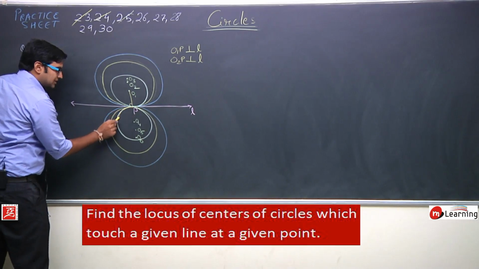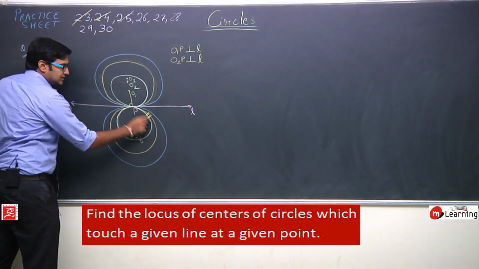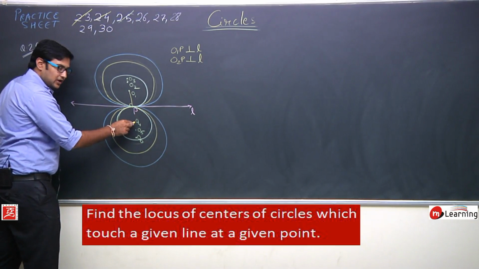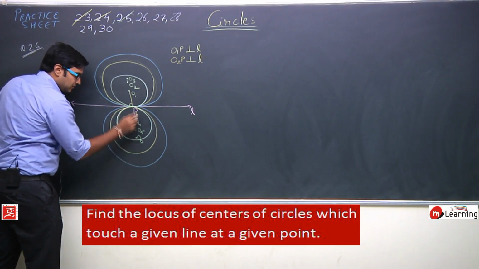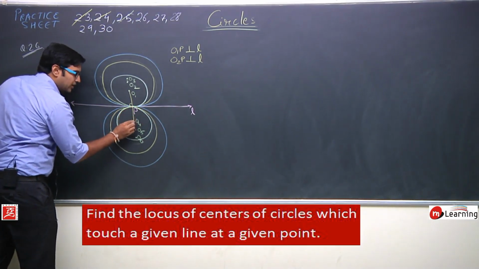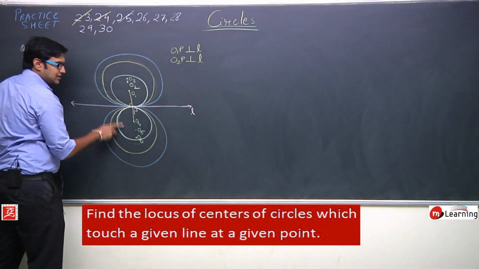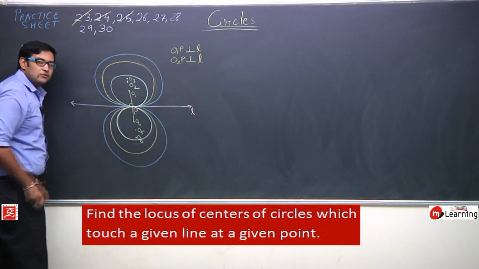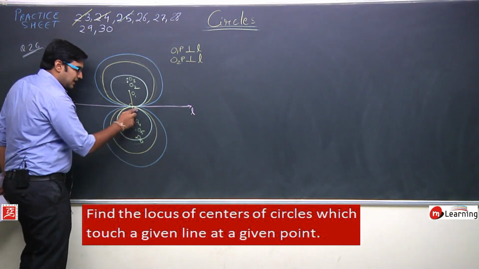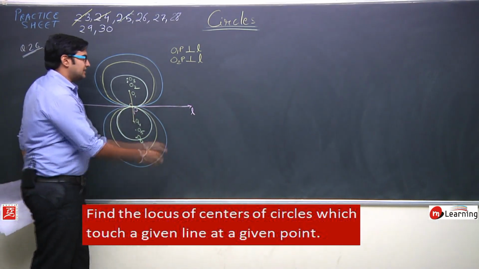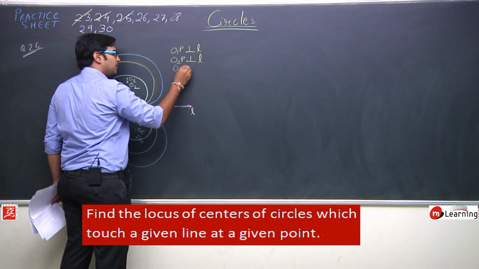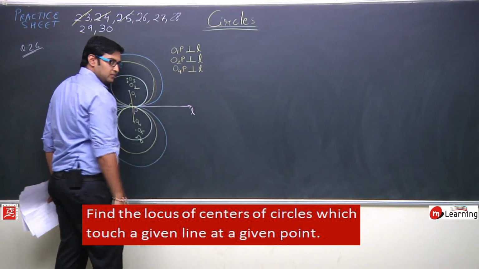Similarly, what about this circle? The center of this circle is O4. Okay, and if I join this O4 and P, this O4P is the radius of the smaller circle, and P is the point of contact of this circle and the tangent. So can I say O4P is perpendicular to L?